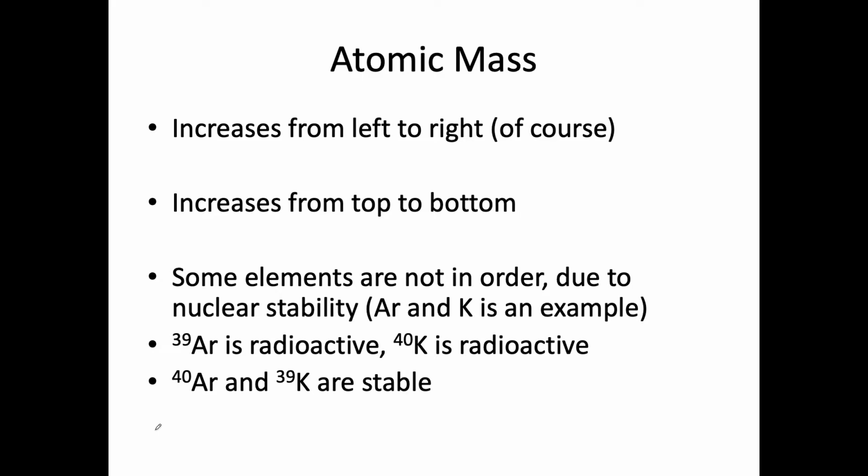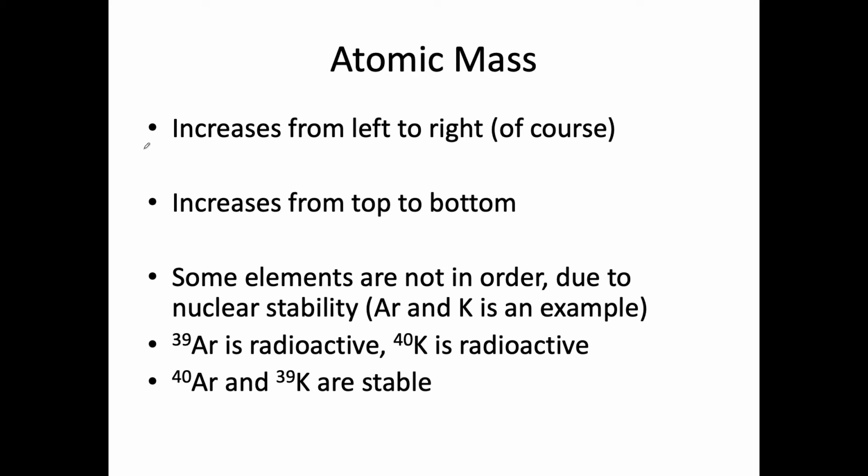We're going to talk about the average atomic mass. Now, this is one of the trends that the periodic table has. What we mean by average atomic mass is that it increases from left to right.